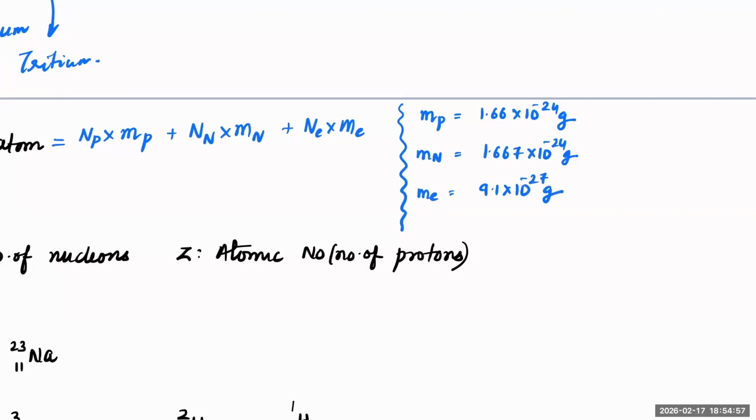This is what has been noticed. In fact, mass of proton is 1836 times larger than the mass of electron if you compare these two values.